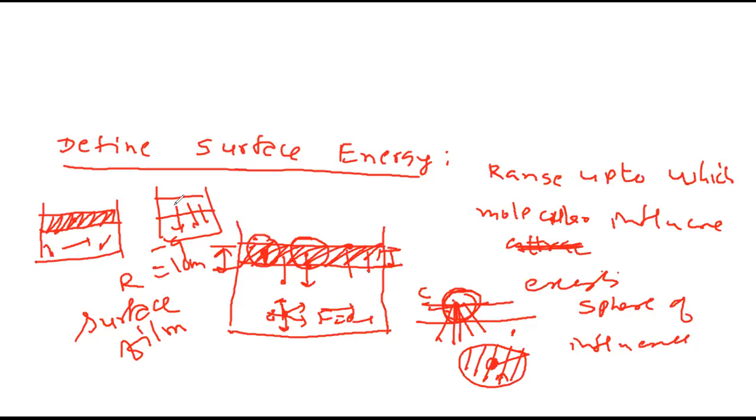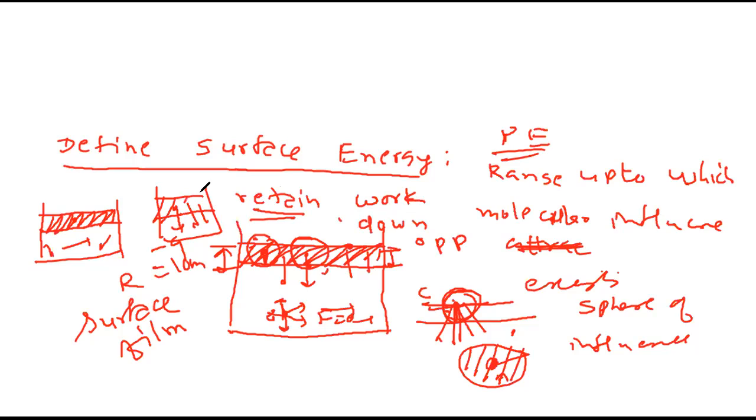To retain itself in the surface film, it has to do work against the pulling force, or we can say downward force, or opposing force. All are the same. Work done against a force, I don't know whether you know, is called potential energy. So this work done against the downward force is stored on the surface in the form of potential energy called surface energy. Once again, what is surface energy?